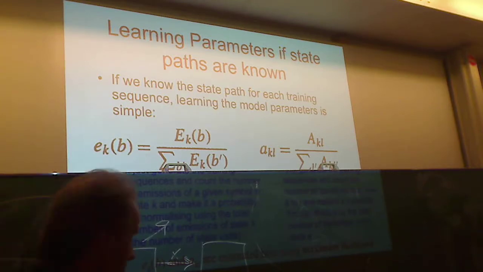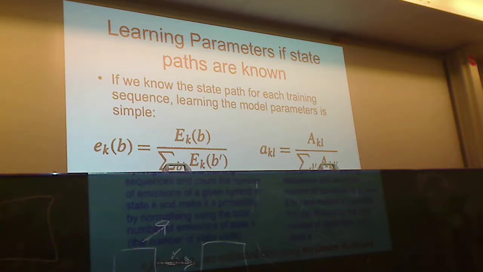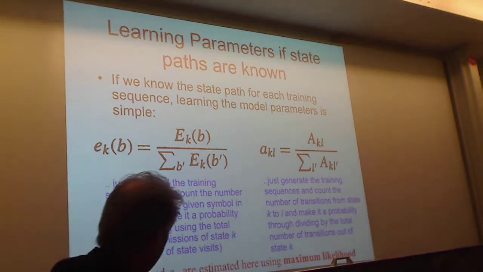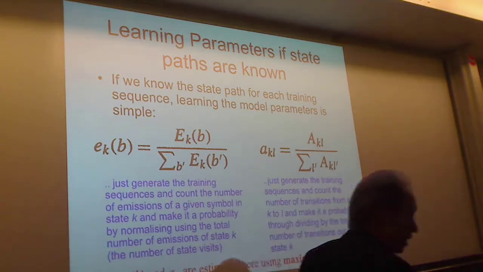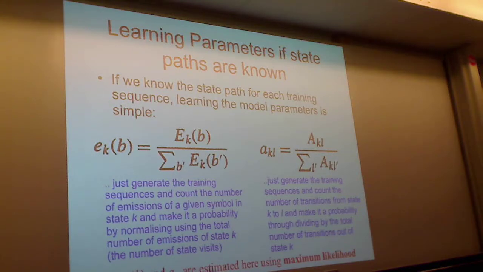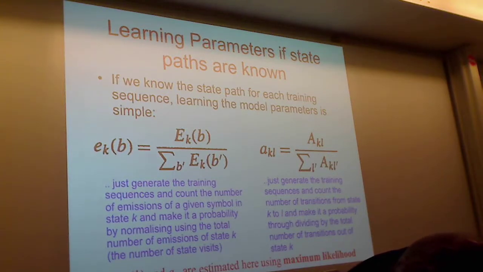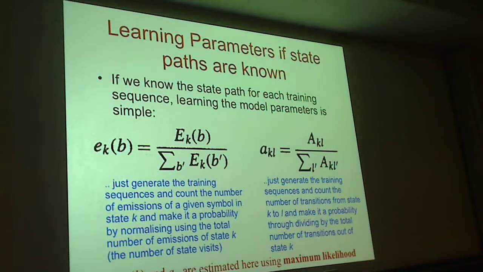So that's going out of the first state, for a transition. And this is called maximum likelihood. You can easily count, because you knew the state path. You knew how all these sequences were being emitted by the model.